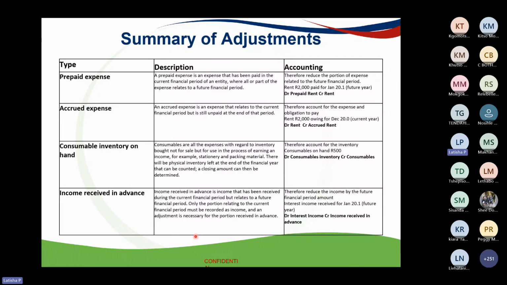The next type of item that we get is income received in advance. So this is income that we get, and like the word explains, we received it in the current financial year. However, it relates to the future financial year.